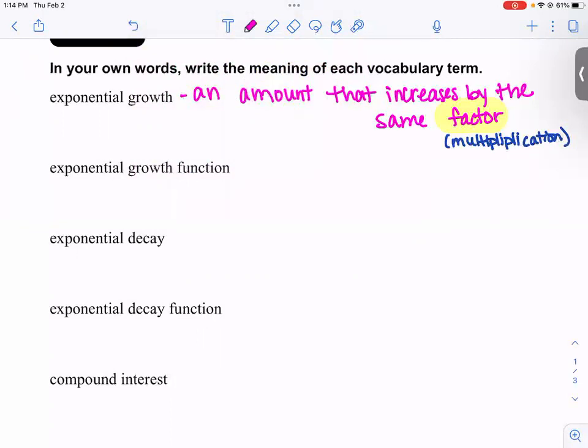So when we're talking about exponential growth, we are multiplying by the same number over and over and over to where our amount continues to increase.